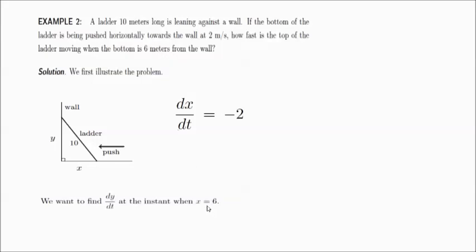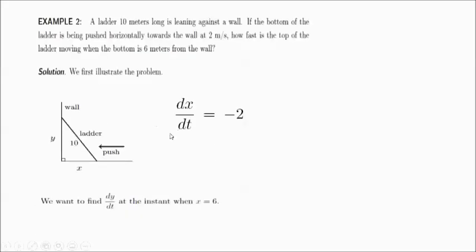So, ibig sabihin yung x is equal to 6. Di ba? Instantaneous. So, kapag x equal to 6, ano yung dy/dt? Okay? So, again, illustrate, write the variables, and then yung mga given na rate of change. Kung negative yan, malalaman nyo kung negative kapag nagdi-decrease yung isang variable. Okay?